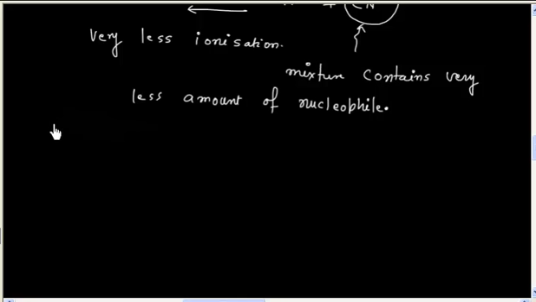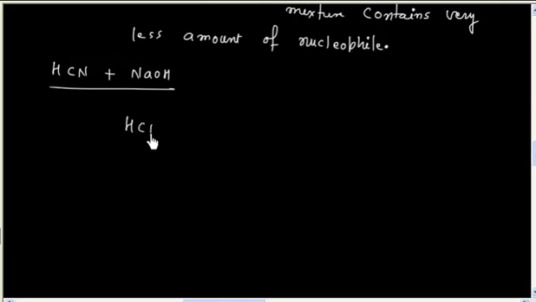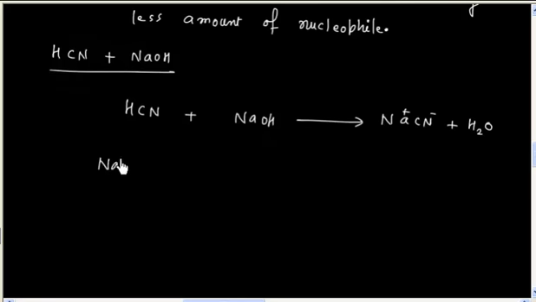But if I take a mixture of acid and base, first an acid-base reaction happens. So acid reacts with base to give salt and water. Now NaCN is ionic, it will dissociate into Na plus and CN minus. So we have the nucleophile CN minus in the mixture to a very large extent.